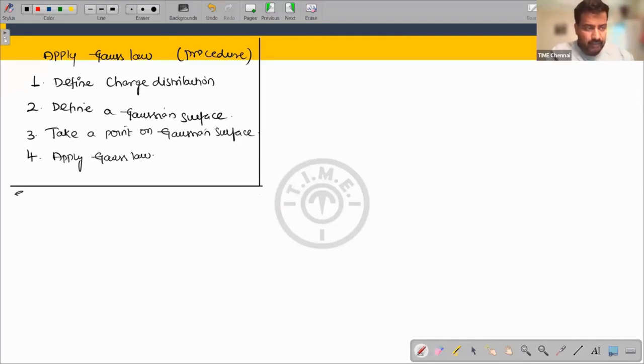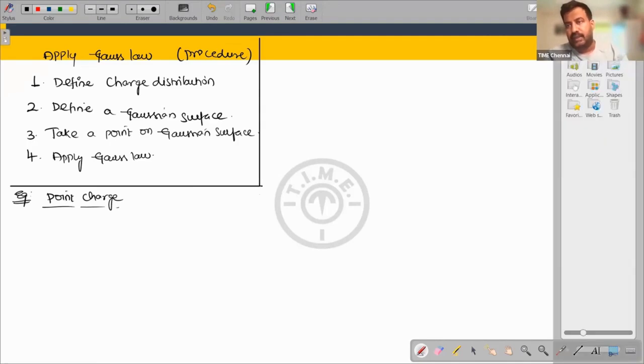We will take an example to understand this. Let me apply this Gauss law on a point charge. The first thing we should do is define the charge distribution.